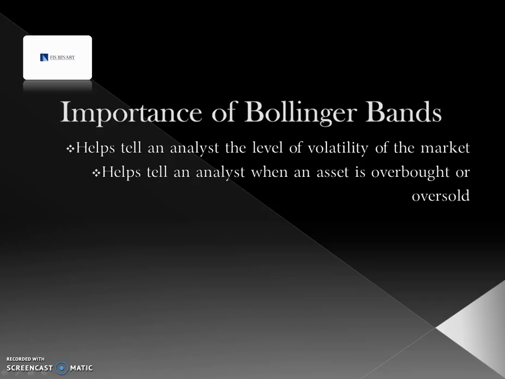So when the asset gets to the oversold point, it implies that demand is beginning to outstrip supply, and we're expecting the price to rise back up, which will then cause suppliers to want to supply the asset at higher prices. So this is what it implies. And Bollinger Bands do very well in telling us when an asset has been oversold as well.